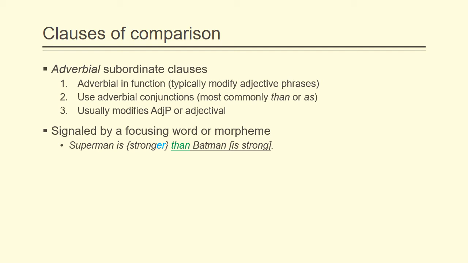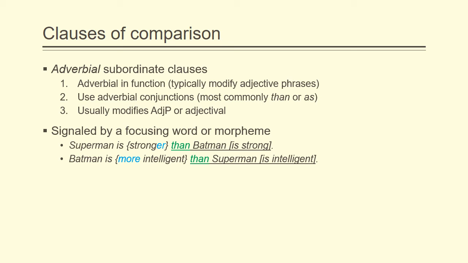Stronger than what, or stronger than who? And that's completed, rather, by the subordinate clause than Batman, again with the omitted is strong. So the than is the subordinating conjunction, and than Batman is strong is the whole adverbial clause. Than Batman is strong modifies the adjective stronger. So stronger than what? Stronger than Batman is strong.